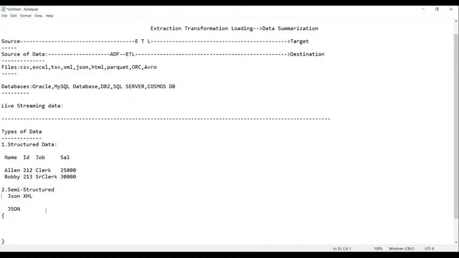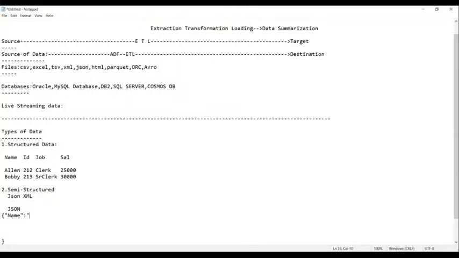Suppose the same data we have to write here in the semi-structured JSON format, how do we write it? Let us see. The data will be like this: name. And what's the name you have?